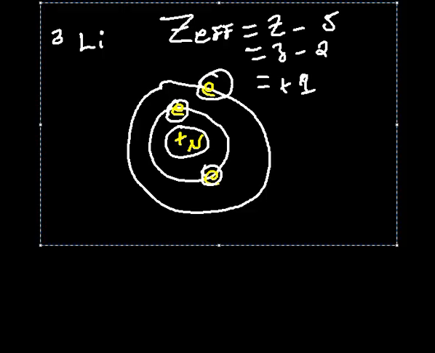Let's consider, for instance, chlorine. Chlorine has 17 electrons. It has an atomic number of 17. And let's think of its atomic structure. This is the proton charge and this is the neutron.